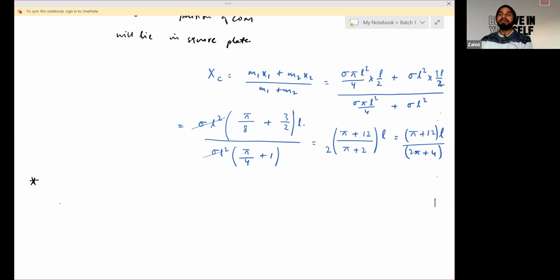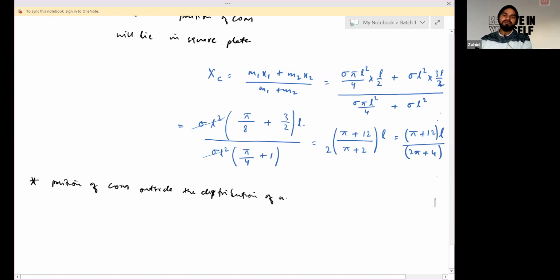My question is, give an example of a body whose center of mass will lie outside the distribution of mass. Position of center of mass outside the distribution of mass.